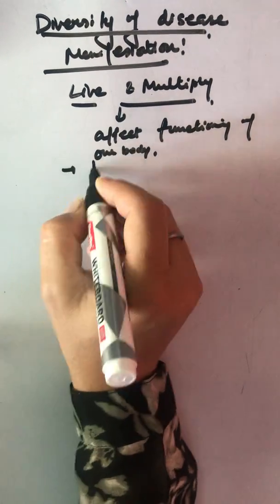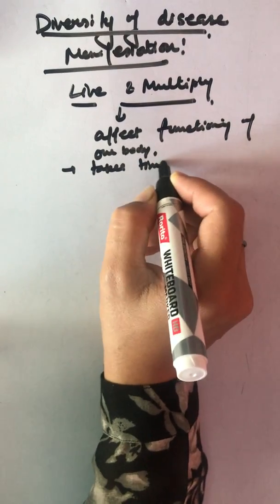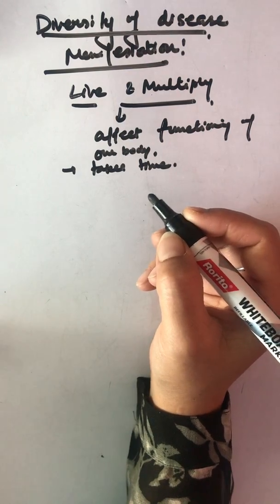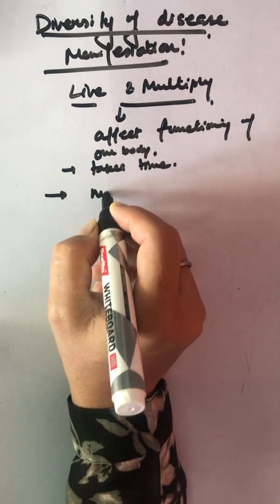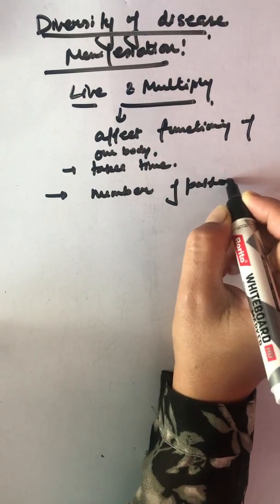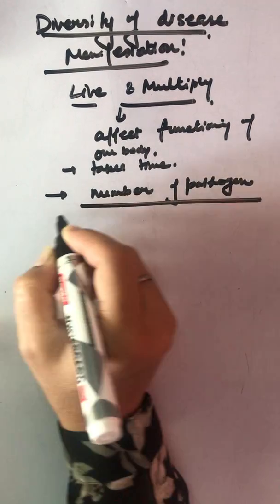And our body takes time to recover and to fight a large number of pathogens. Basically, it's the number of pathogens that enter our body and affect our immune system.